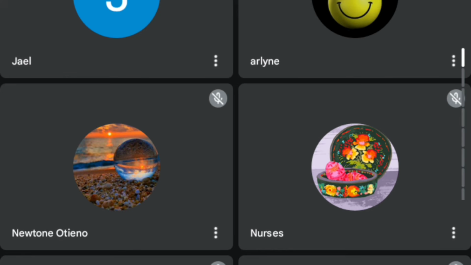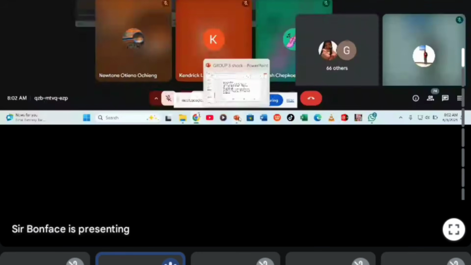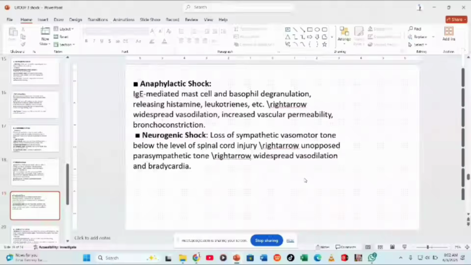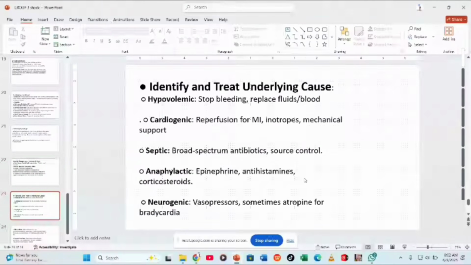As you know, antihistamine is for allergic reactions, and this kind of shock is caused by a severe allergic reaction, so the antihistamines will help to counteract that reaction. You might also offer corticosteroids.